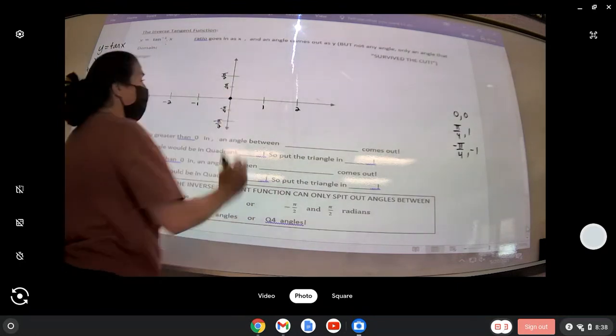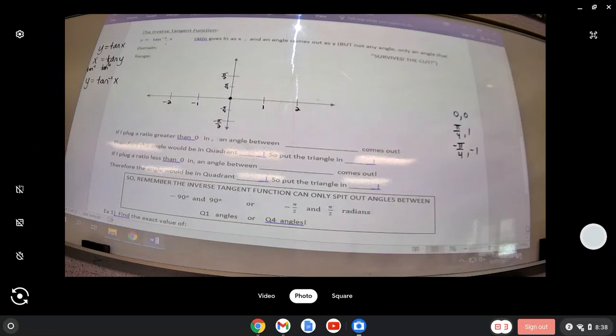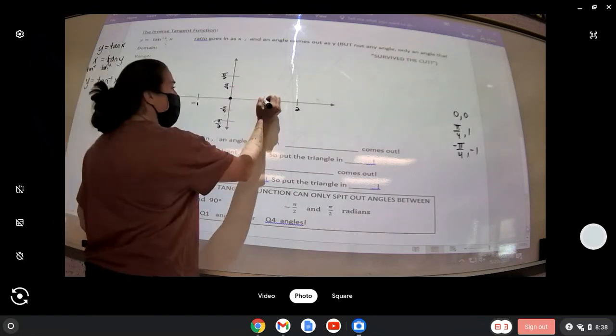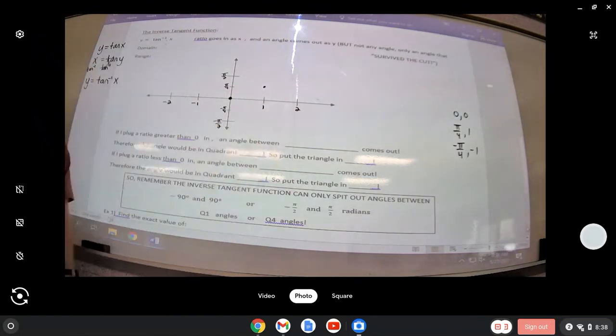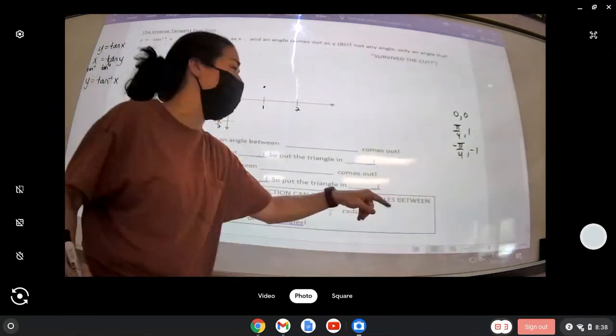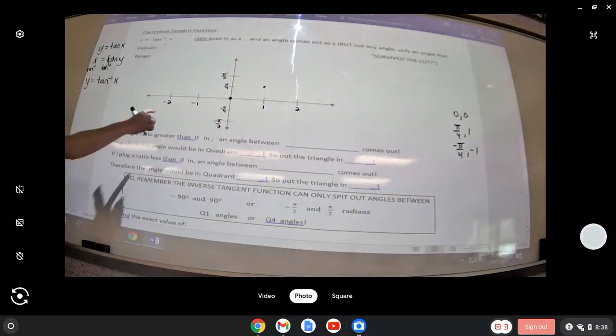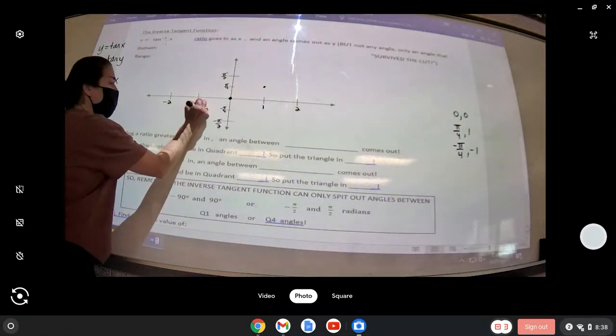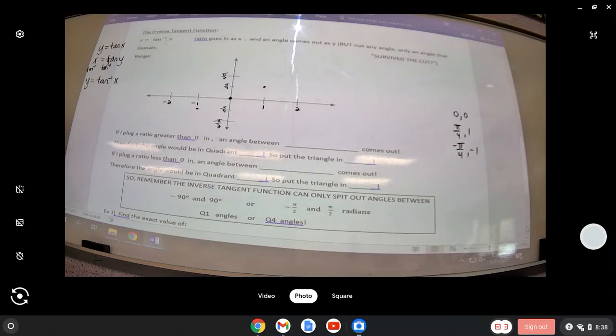Well, you switch the x and y, 0, 0 is still on the graph of the inverse. If pi over 4, 1 was on the graph of the original, well now, when a ratio of 1 goes in, it spits out an angle of pi over 4. Now, if negative pi over 4, -1 was on the original graph, now you plug a ratio of -1 in, and it spits out an angle of negative pi over 4.